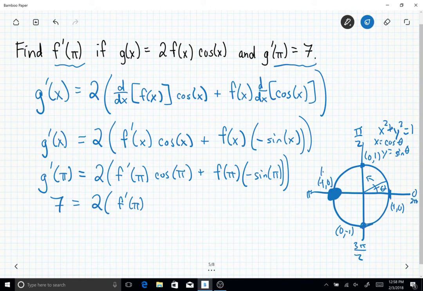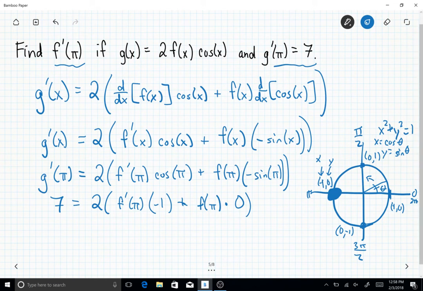Notice the x value is negative 1, and this is your y value. So you get this times negative 1 plus f of pi times, well, sine of pi, so we have a negative symbol there. That's not going to make much of a difference because sine of pi is 0, because that's our y value corresponding to there. So at the end of the day, what do we have?